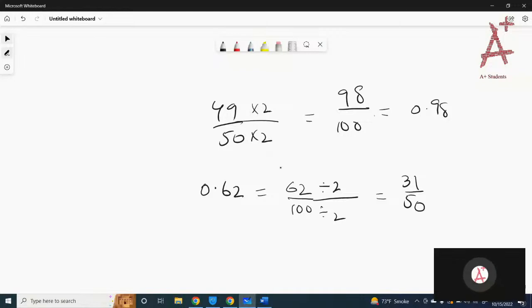Write negative 1 by 100 as decimal. So it would be then negative 0.01. Got it? The first option is the correct one. Select the correct option and click on the OK button.